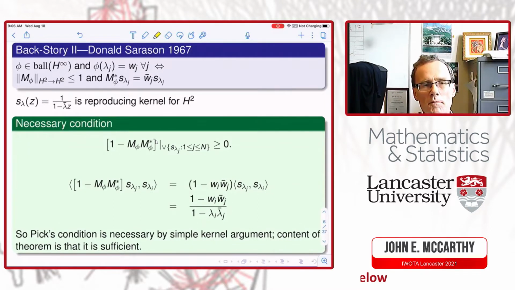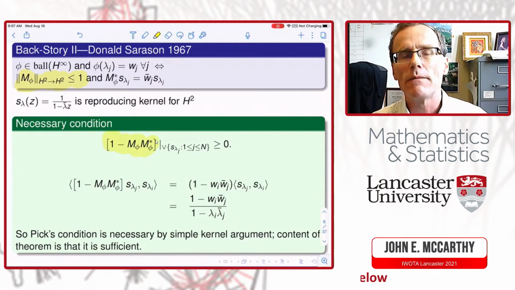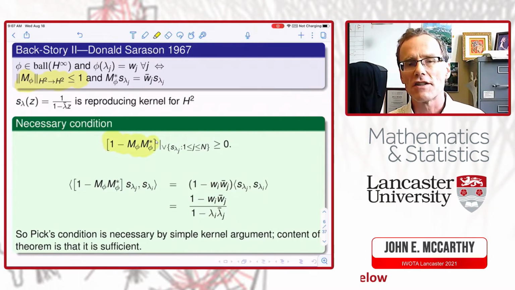So you want to find a function phi so that its multiplier norm is less than or equal to 1, and the adjoint of multiplication by phi has certain eigenvalues at the kernel functions S lambda j. So in particular, if multiplication has norm less than or equal to 1, that's exactly the same as saying that on all of H2, the operator 1 minus M phi M phi star is positive semi-definite.